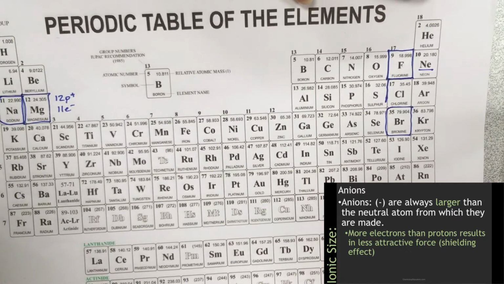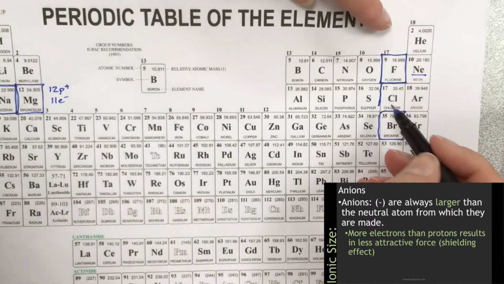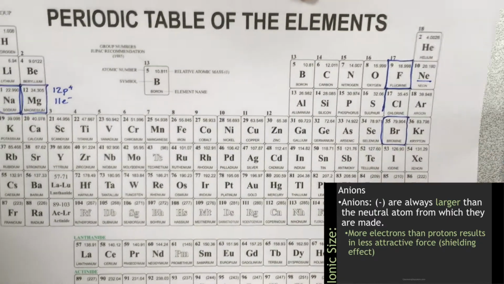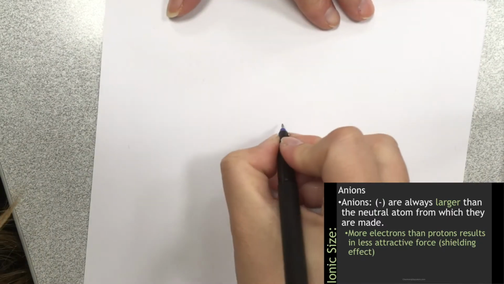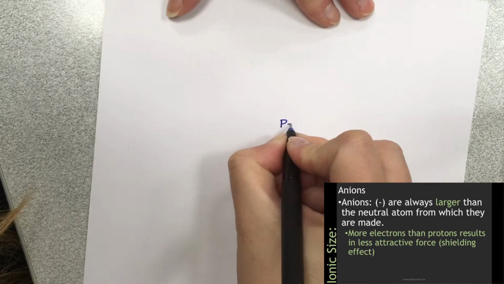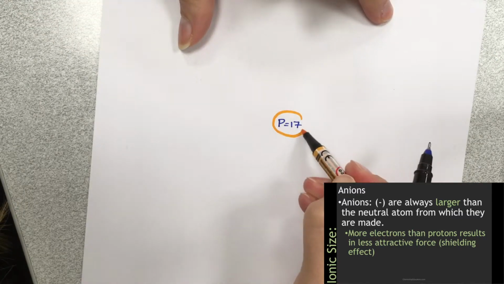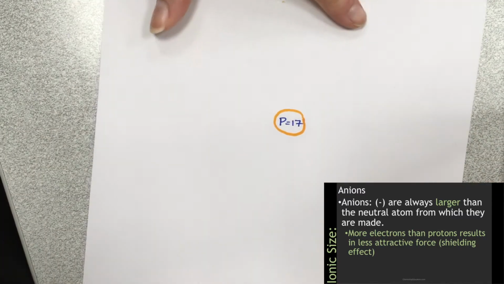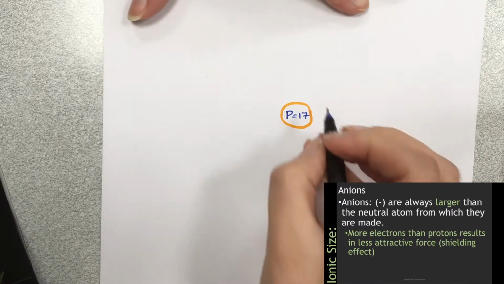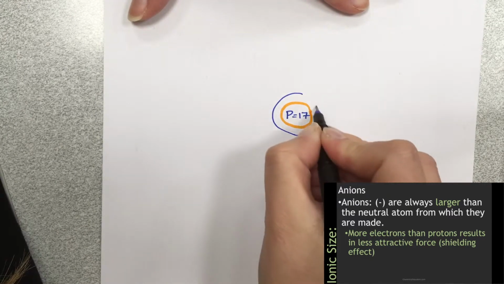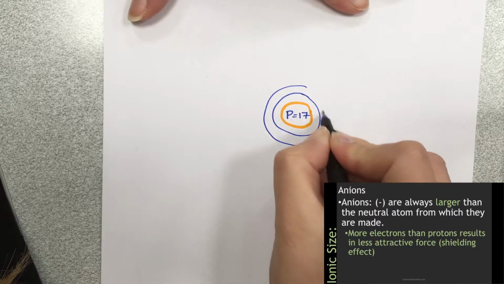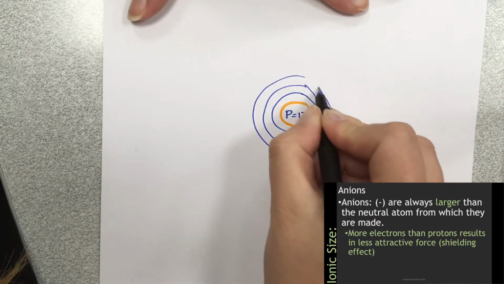So for example, an anion, we drew fluorine, but we'll draw chlorine, 17. So chlorine has 17 protons. We won't worry about the neutrons. And we'll just do this so we know it's not an energy level, it's a nucleus. So chlorine has 17 protons. And neutrally it has 17 electrons, which will be 3 energy levels.